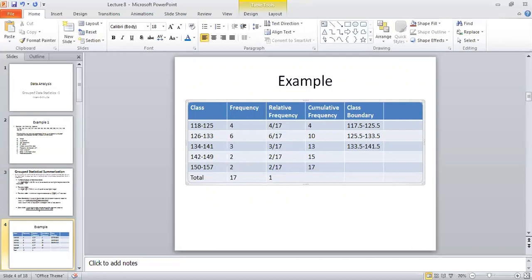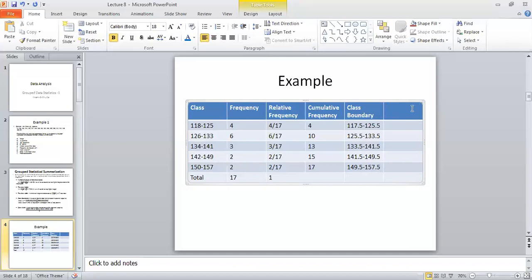Then we have 142 minus 0.5 is 141.5, and 149 plus 0.5 is 149.5. Then we have 150 minus 0.5 is 149.5, and 157 plus 0.5 is 157.5.